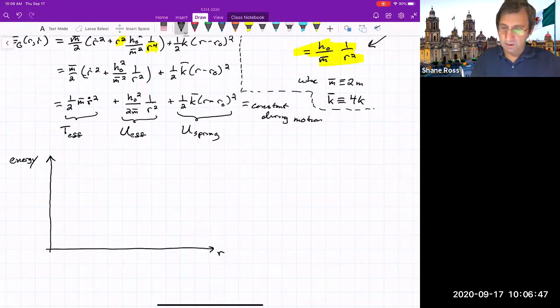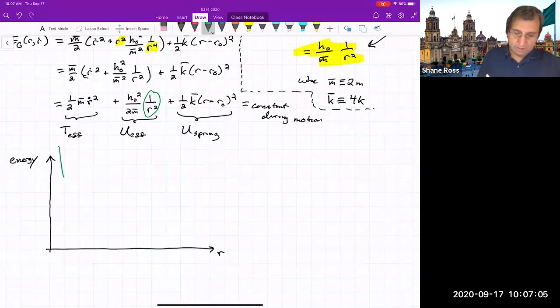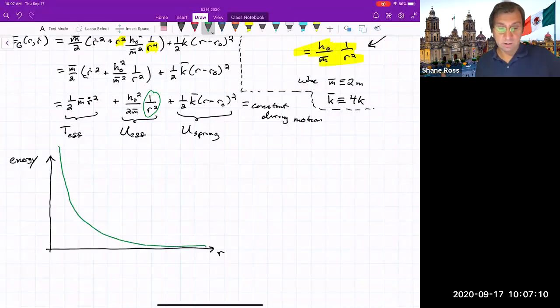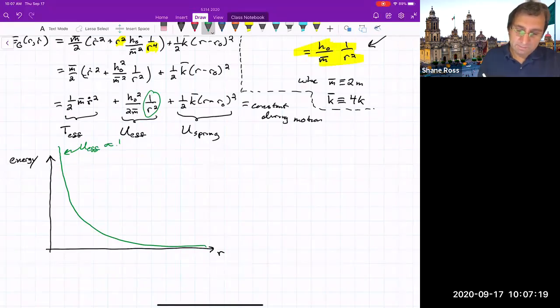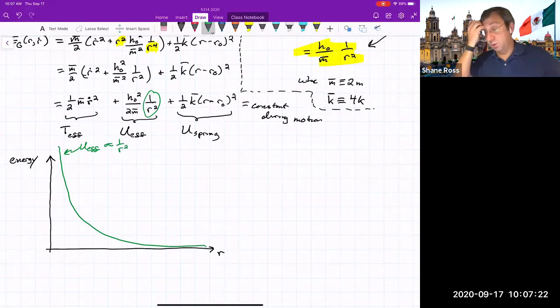So let me look at the effective potential energy. Its dependence on r is this 1 over r squared. So it's going to go to infinity at r equals 0, and then it's going to go to 0 at large r. So this is the effective potential energy, and I'll use this symbol that means proportional to. Looks kind of like an elongated alpha, but it's proportional to 1 over r squared.